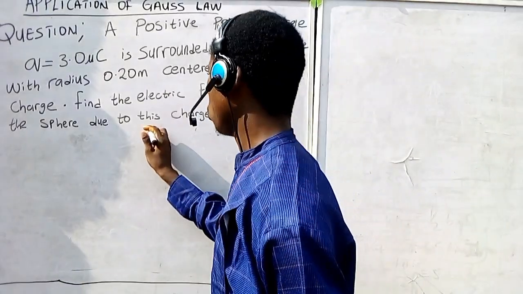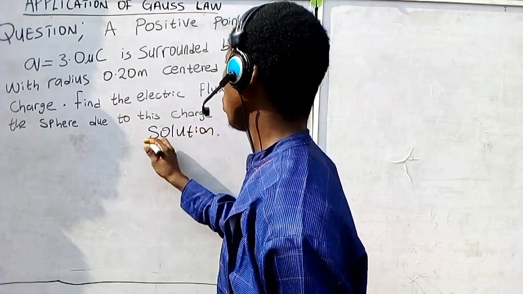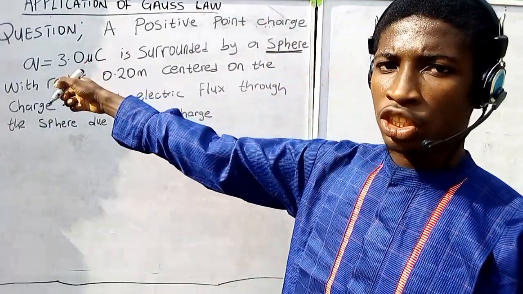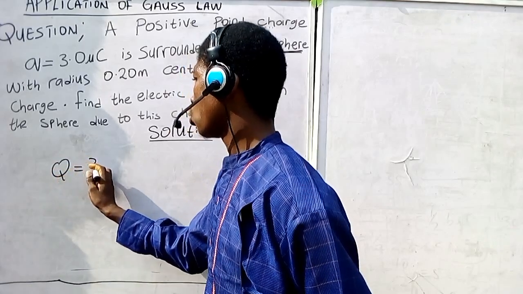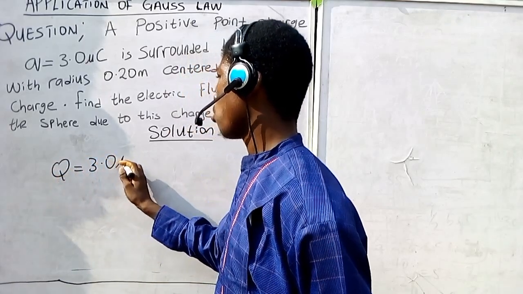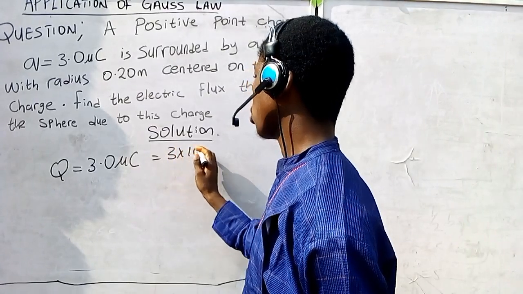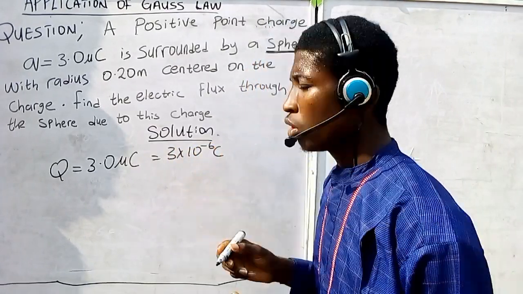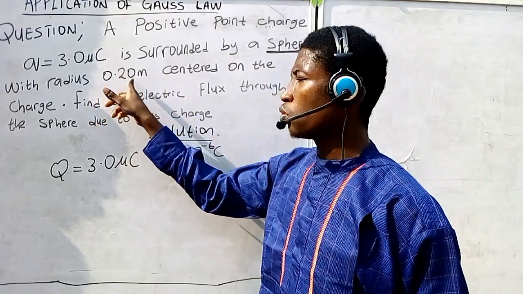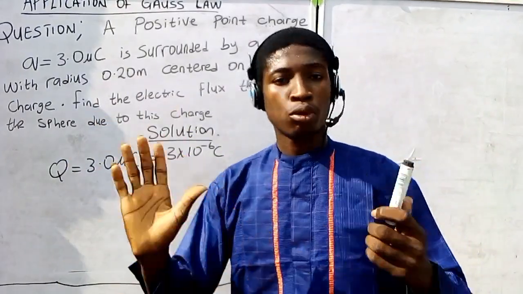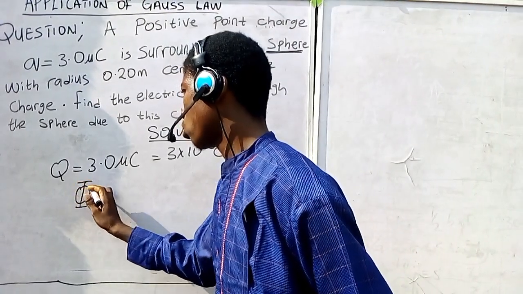Now, write your solution. Okay, what is given? The net charge there. All right, so the charge Q is given as 3.0 microcoulomb, and that is equal to what? 3 times 10 to the power of negative 6 coulomb. Now, by a sphere with radius 0.20 meter. The radius here is not really important because the flux due to a sphere is what?